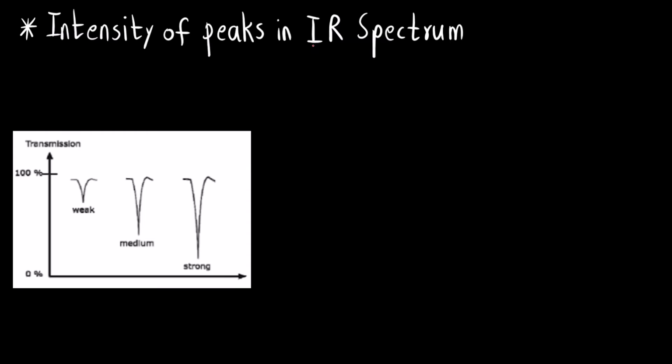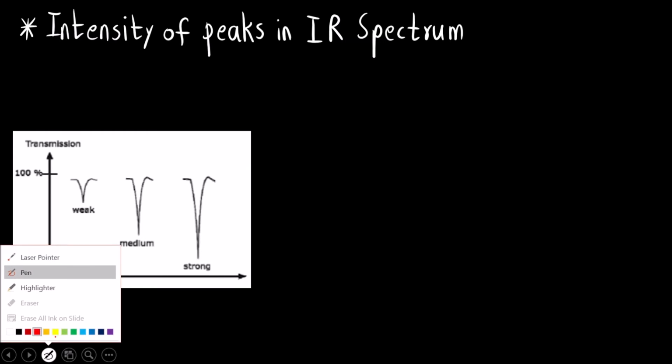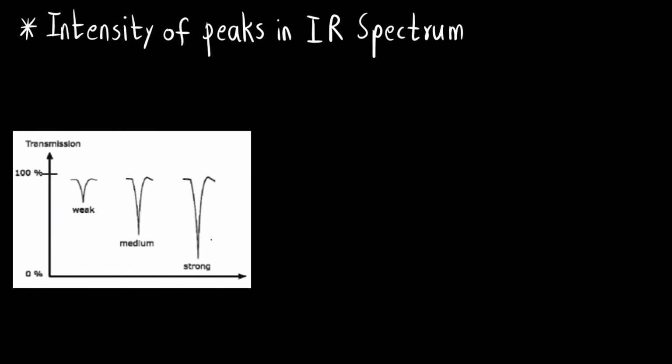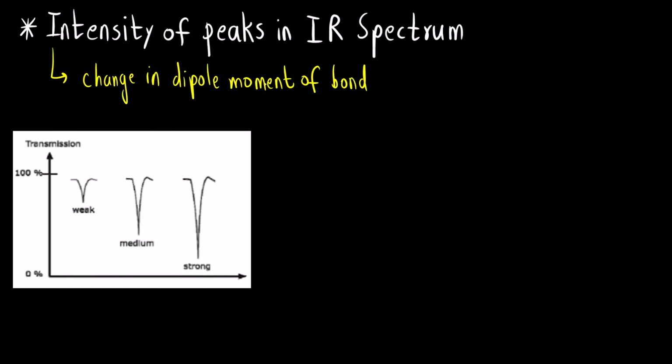You saw that some are weak transitions, some are medium, and some are very strong transitions or strong absorption. This intensity depends on the change in the dipole moment of the bond during vibration.